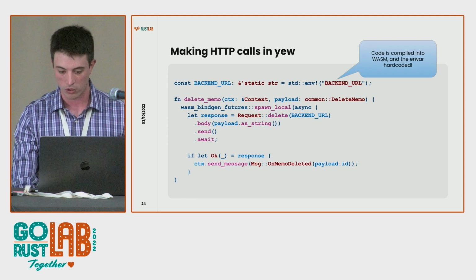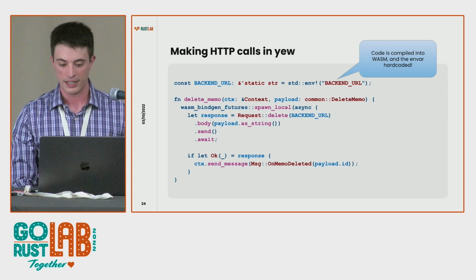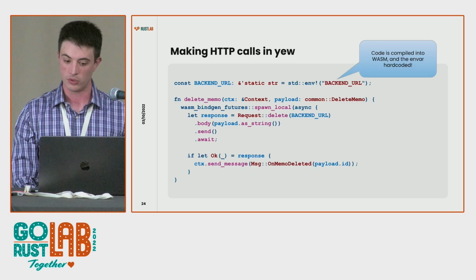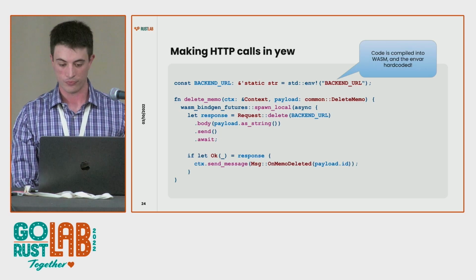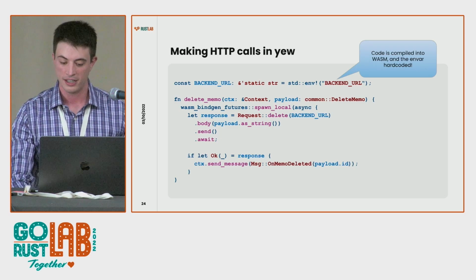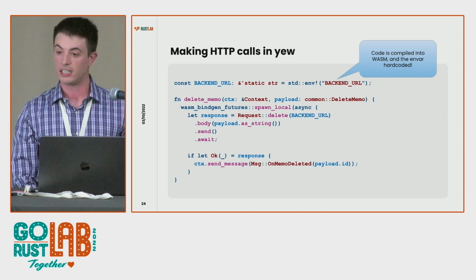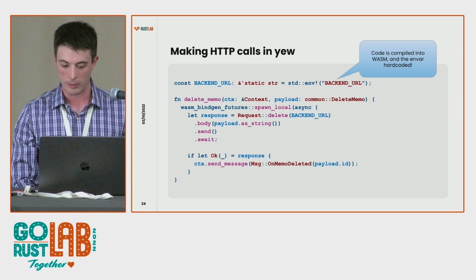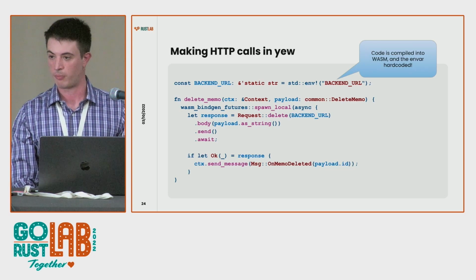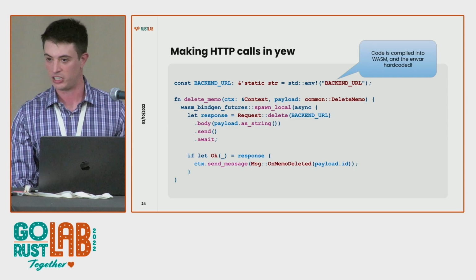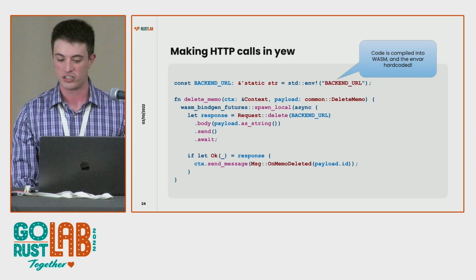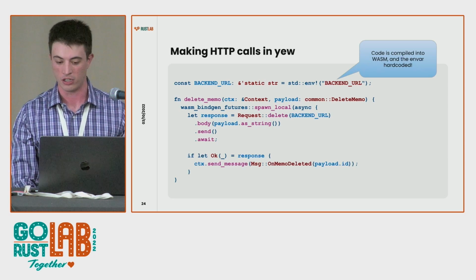So just a word here at the top, you see that I'm actually getting the backend URL at compile time using the env macro. The reason for this is that the code that you see here at runtime will actually be executed on the client machine, because when we build the front end, we just package the WASM and JavaScript and HTML into static files that the front end just serves, and so the client will fetch these files and execute them on their machine.